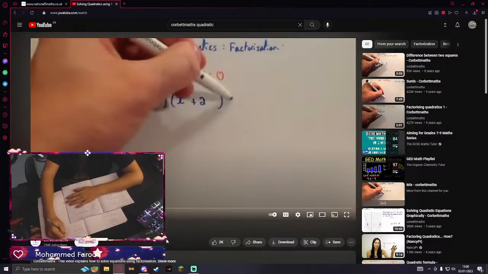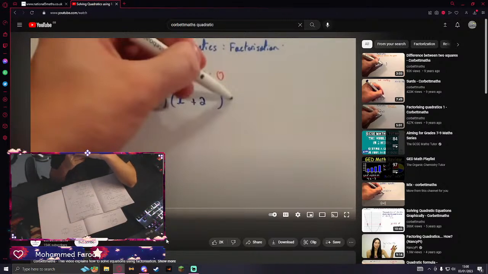Add together to get 6. Times together to get 2. That's a hard one though, is it not?